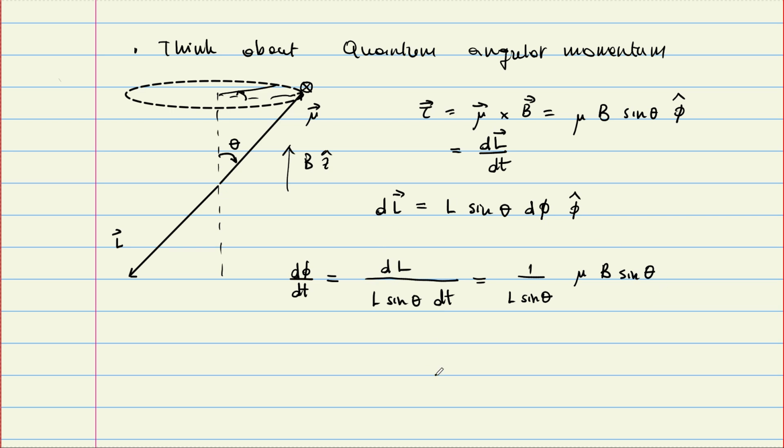Yeah, this is dL dt, and I think that's pretty much it, right? So this one will cancel this one, and for mu, I'm going to use what we said last time. This is Q over 2m times L. So this L is going to cancel this L.